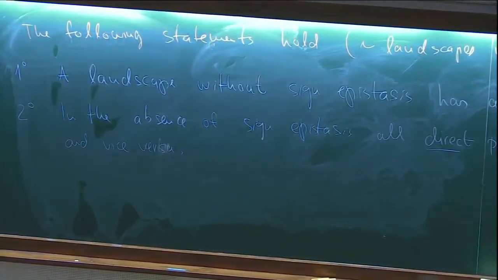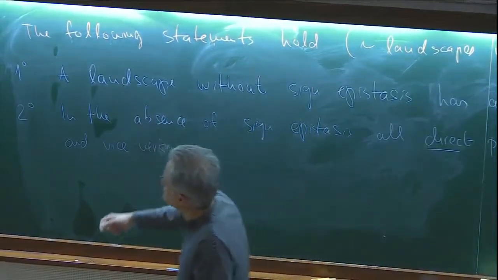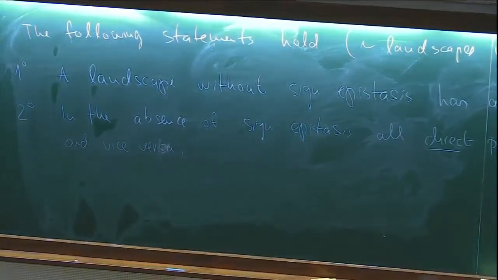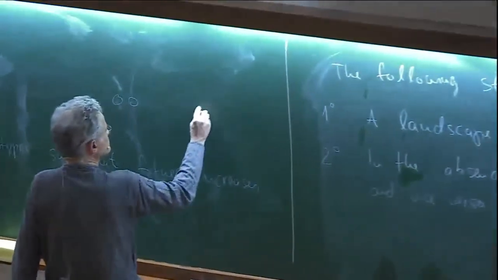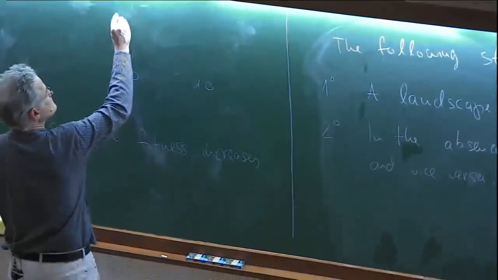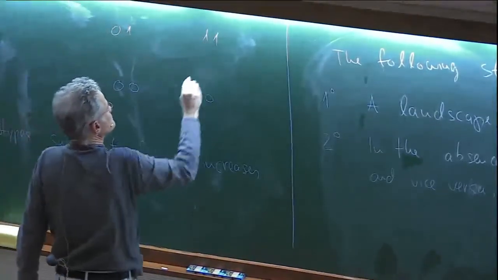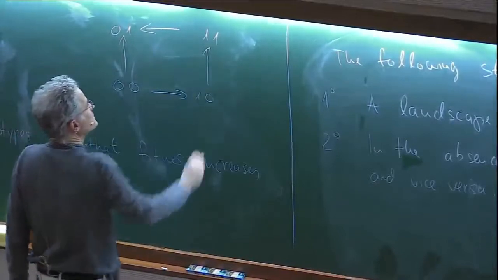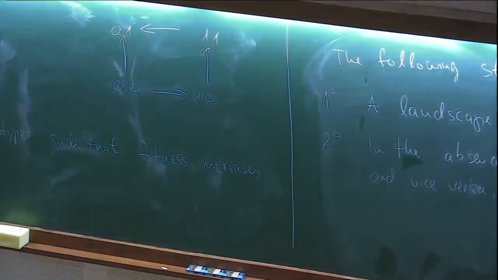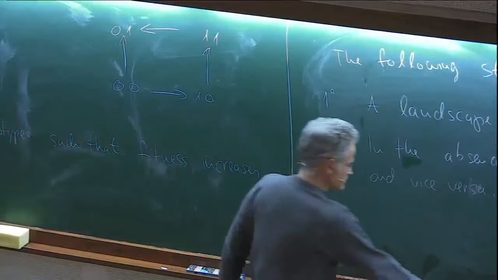In fact, the little example that I showed you before, the two locus examples, right? So if we look at this one again. So here we had sign epistasis, but we have only a single peak, right?